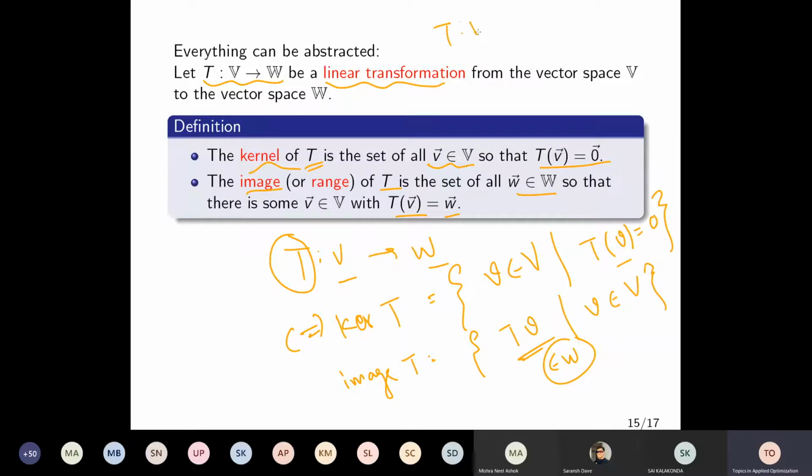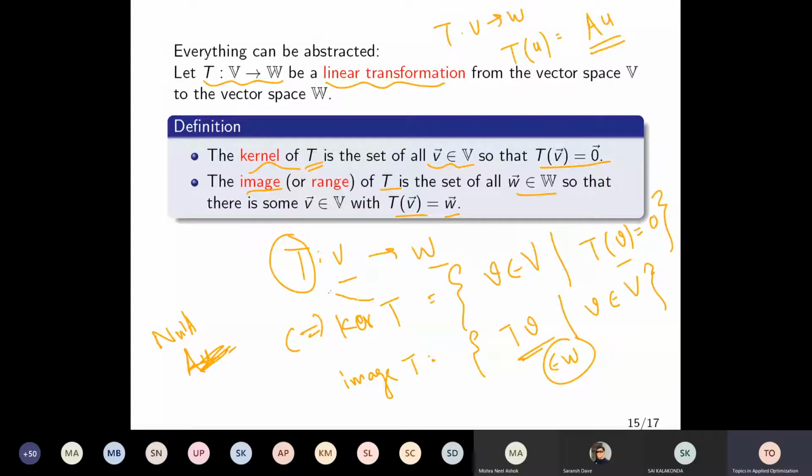Any linear transformation T from V to W can be defined as TU equals A times U. All linear transformations are nothing but a matrix times the vector. So there is an equivalent definition, like one of you pointed out: the kernel of T is nothing but the null space of A.